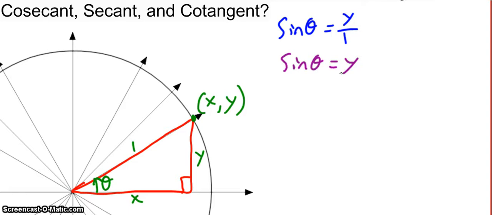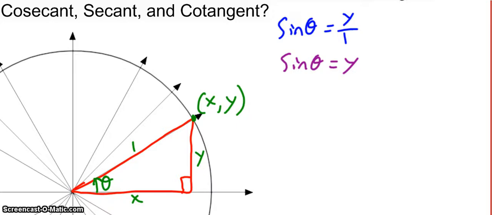So everywhere on the unit circle, and this only applies when we're dealing with the unit circle, the y-coordinate is representing the sine value at that angle. Think about what that means. The value of sine at any angle on the unit circle is the y-coordinate. Remember, that's representing the ratio of sides of a triangle.